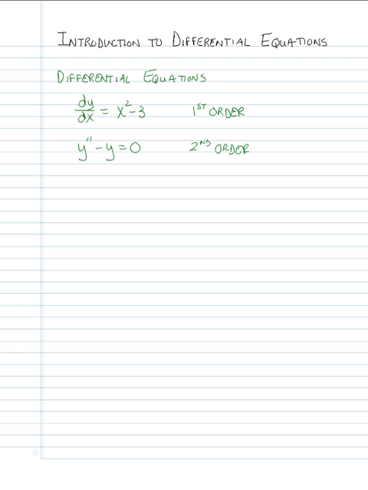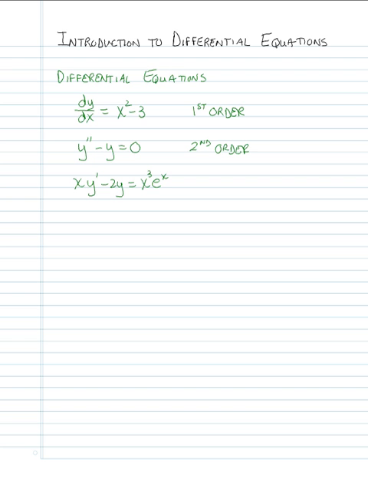Now don't be misled just because of this example. You can have a differential equation that has both first and second derivatives in it, but if it has both first and second derivatives in it, it's still a second order differential equation. And our third example, just to give a little bit more flavor here, we might have an equation that is x times y prime minus 2y is equal to x cubed e to the x.